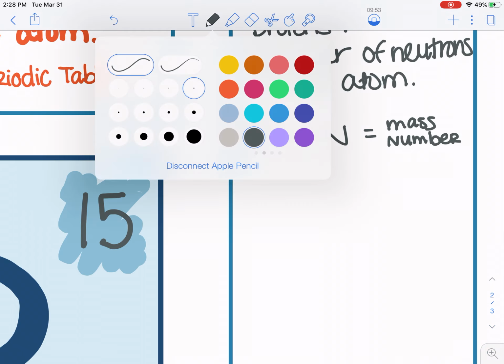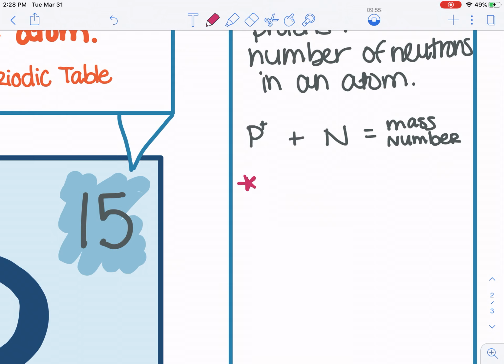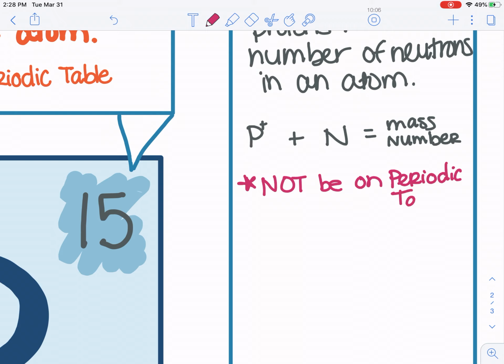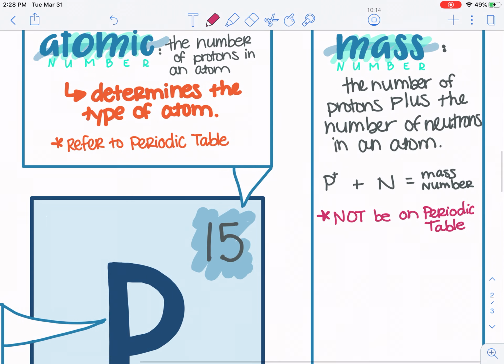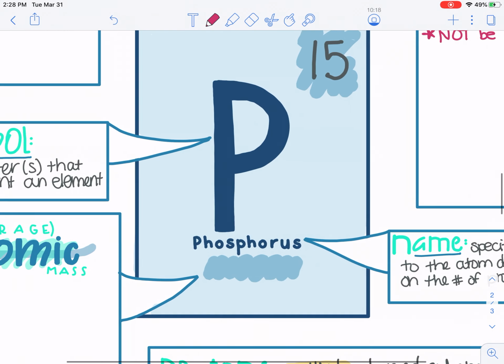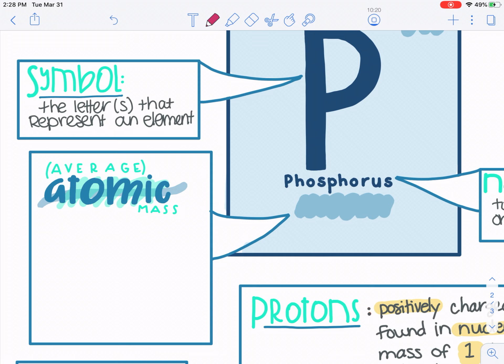One thing to note about mass number is this will not be on the periodic table. The number that people try to make into the mass number is actually the average atomic mass, which we have over here.